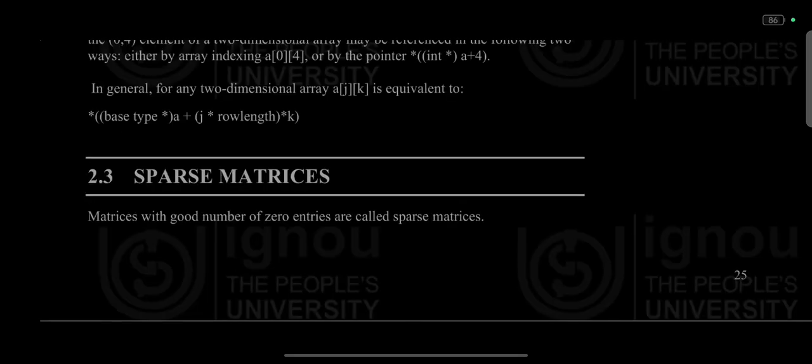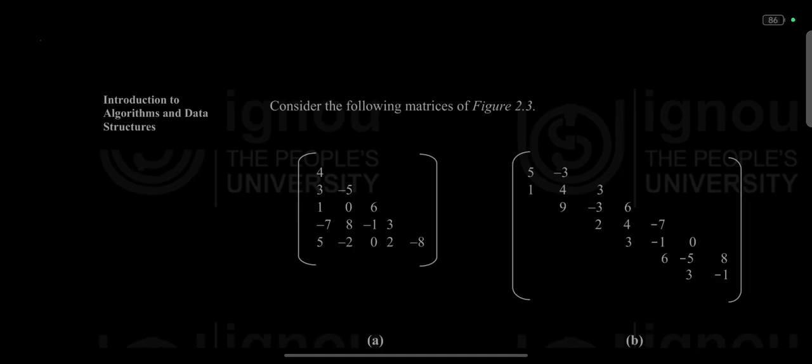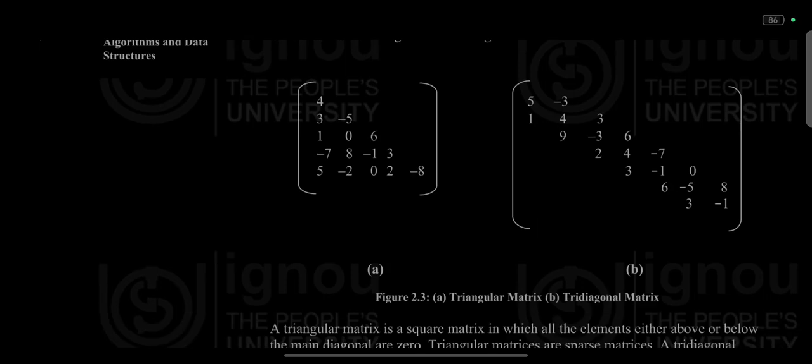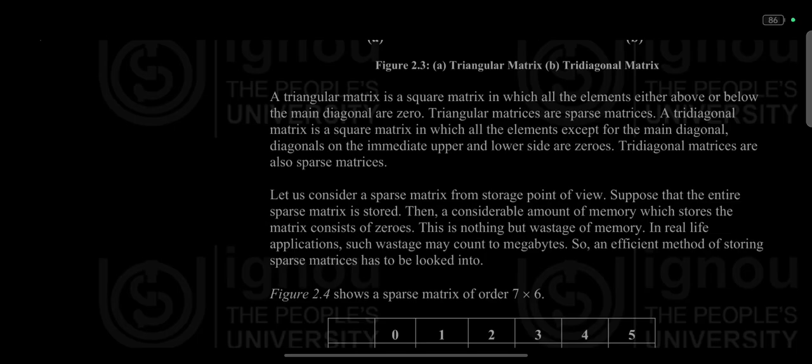Sparse matrices. Matrices with a good number of zero entries are called sparse matrices. Consider the following matrices of figure 2.3. So here you can see a triangular matrix and a tridiagonal matrix. A triangular matrix is a square matrix in which all the elements either above or below the main diagonal are 0.